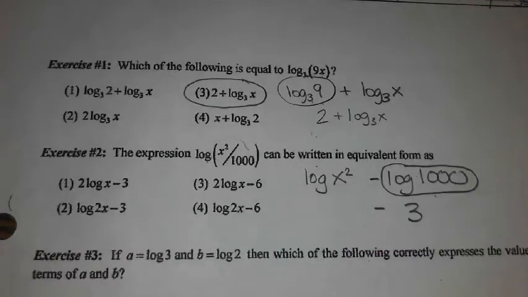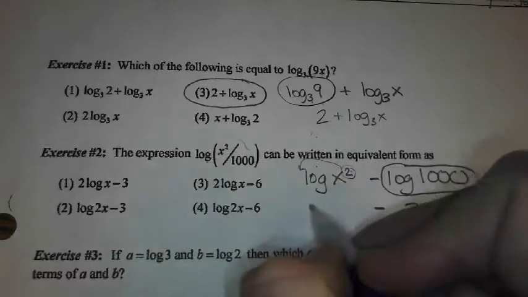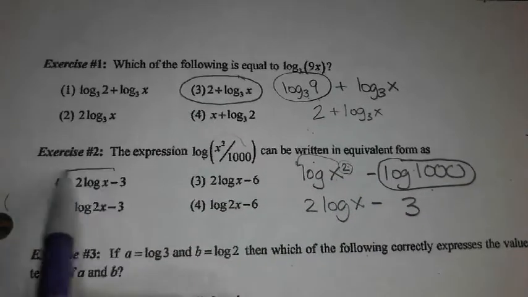Good. And this is the log of something that has an exponent. What do I do with that exponent? This was property number 3. Bring it out in front. So that becomes 2 log x. So what's your answer? 1. Nice job.